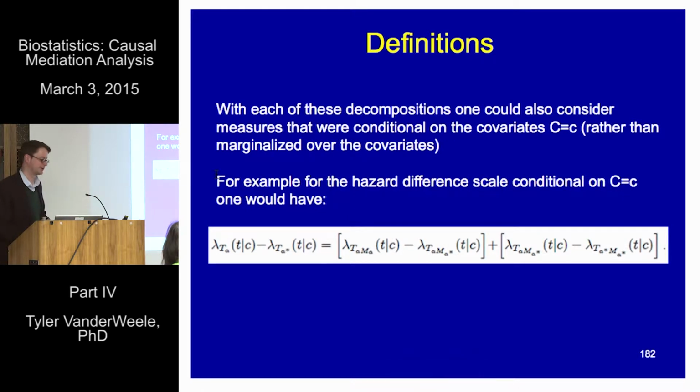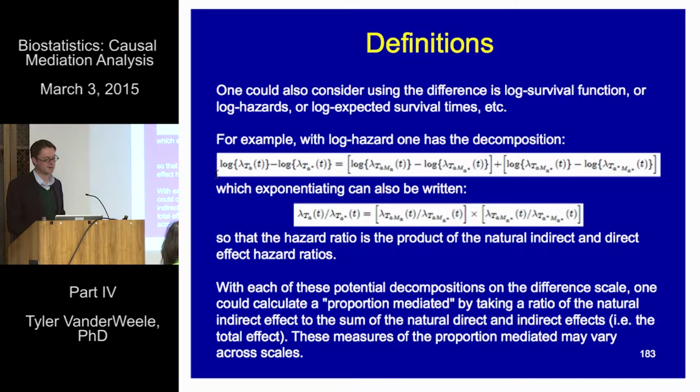different scales. We could do the hazard difference scale conditional on the covariates, or the survivor function scale difference conditional on the covariates. Or we could consider using ratio scales, effectively log difference scales. So we could decompose the log hazard at time t, comparing the exposed and the unexposed, into the difference in log hazards for the indirect effect and the direct effect.